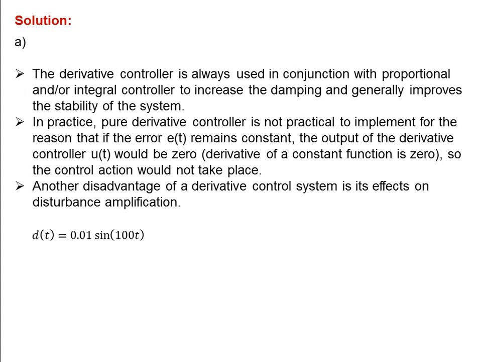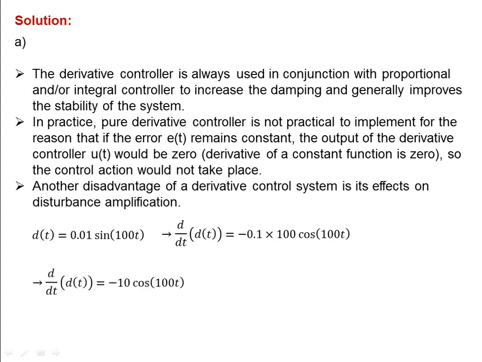For example, look at this function. Assume I have a disturbance or signal equal to 0.01 sine 100t. If I take the derivative of this signal, I will have 0.01 multiplied by 100 cosine 100t.